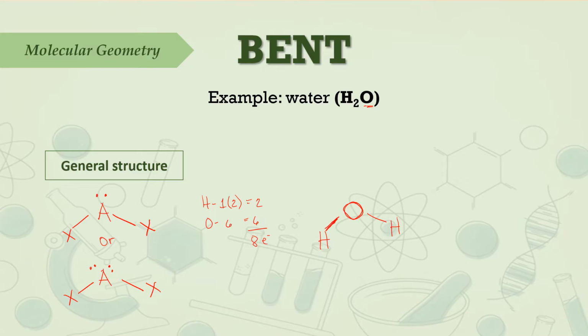So for oxygen, it has 2, 4, 6, 7, and 8. As I have mentioned a while back, if the central atom has lone pairs, then the structure is polar. And take note, all bent structures are polar.